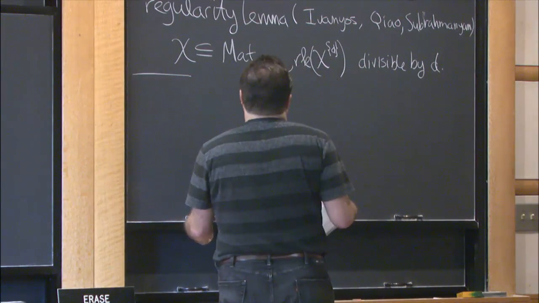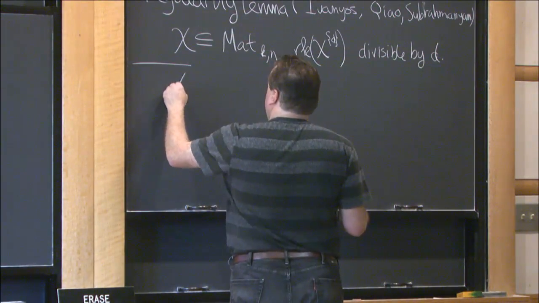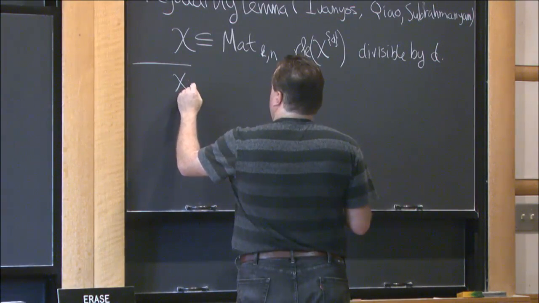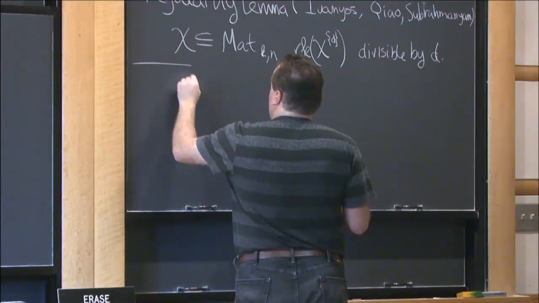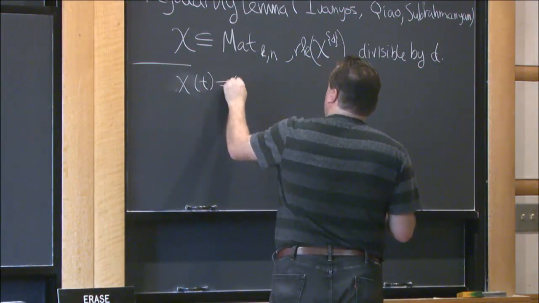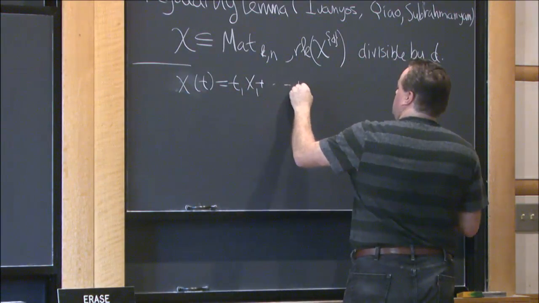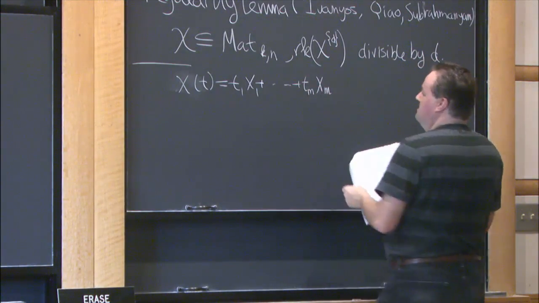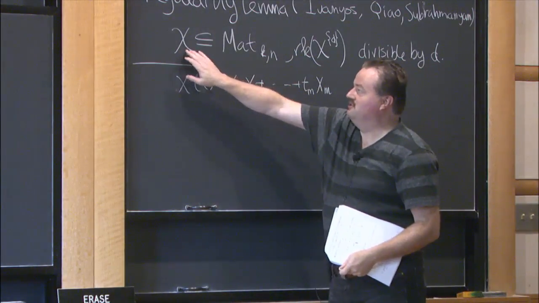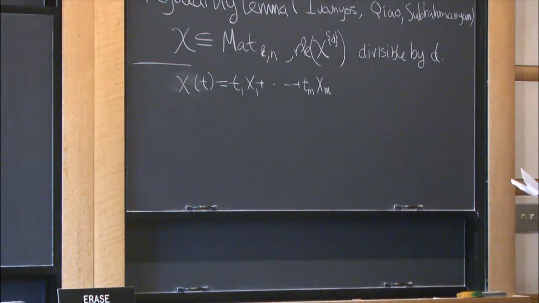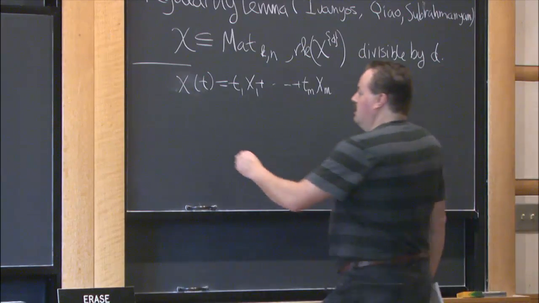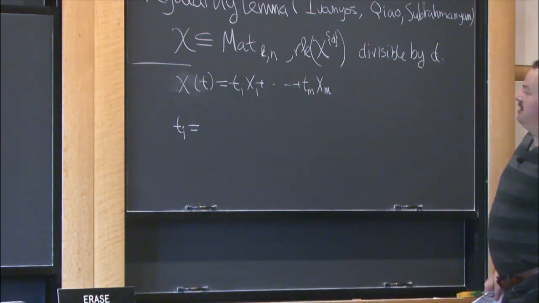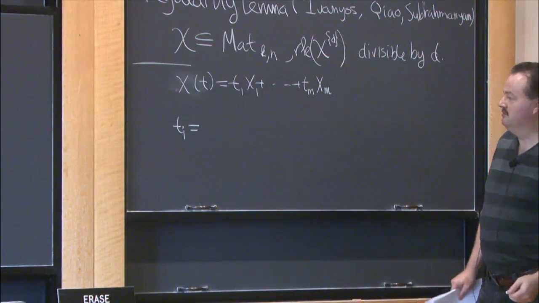So let's say we have some linear combination, associated to a choice of basis of X here. Now I'm going to think of this Ti as a d by d matrix, but a generic d by d matrix.